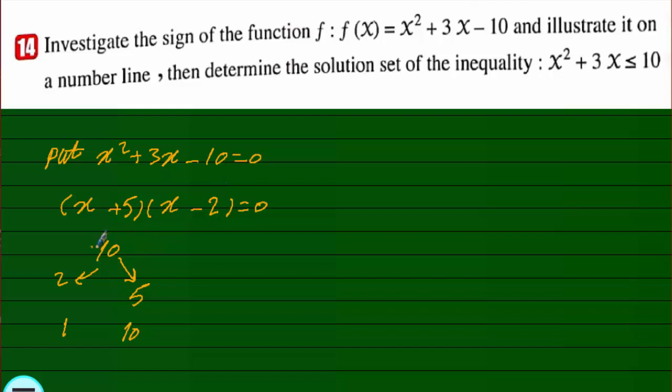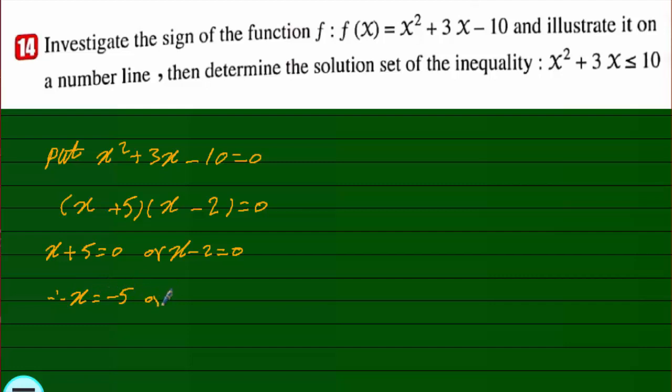So x plus 5 multiplied by x minus 2 equals 0. It means x plus 5 equals 0, or x minus 2 equals 0, and we deduce x equals negative 5 or x equals 2.